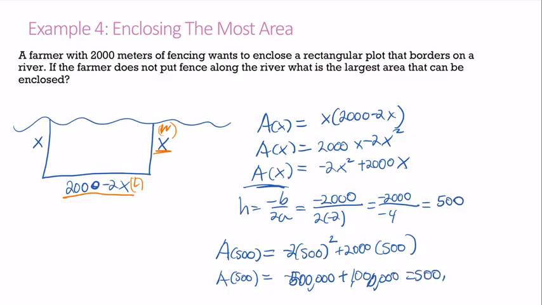So the maximum area would be 500,000 meters squared. And that would be when my x is 500.